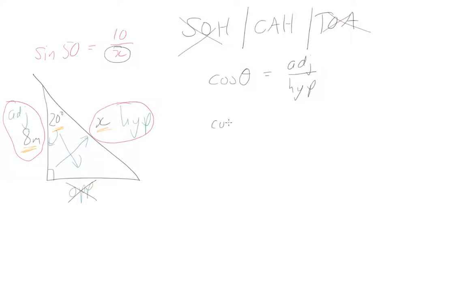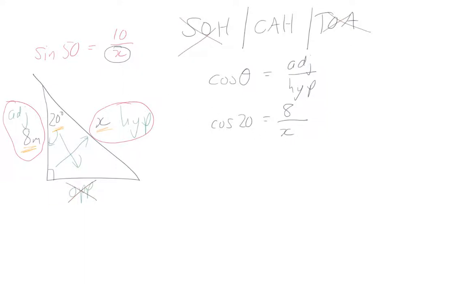So cos 20 here equals adjacent, and my adjacent here is 8. Okay, it's not just whack x on the top or bottom. You need to get the order correct. Adjacent's on top, hypotenuse on the denominator. Numerator, denominator, top, bottom on x. So hypotenuse here being x.